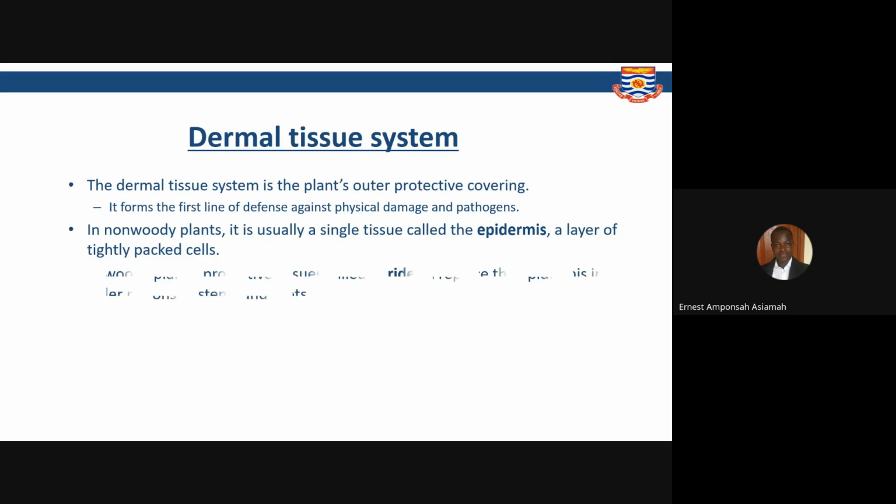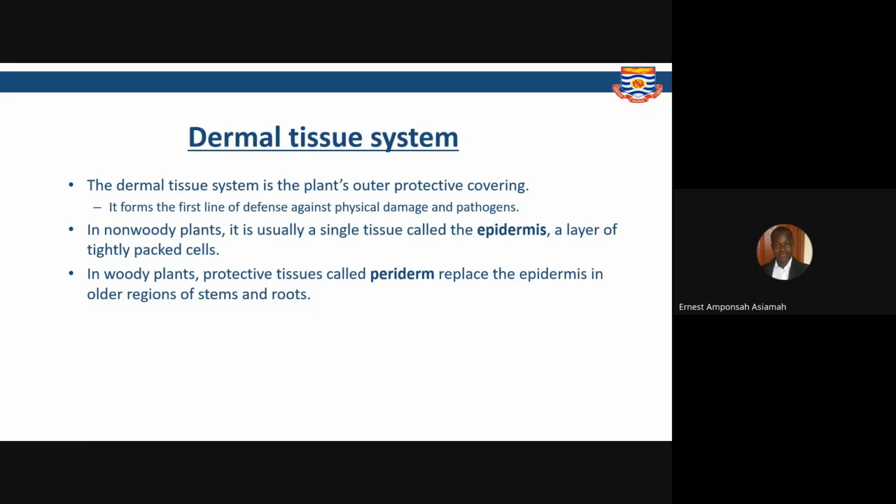But plants like the woody plants have an extra protective tissue forming the dermal tissue, which is called the periderm. The periderm replaces the epidermis in the older regions of the stems and the roots.